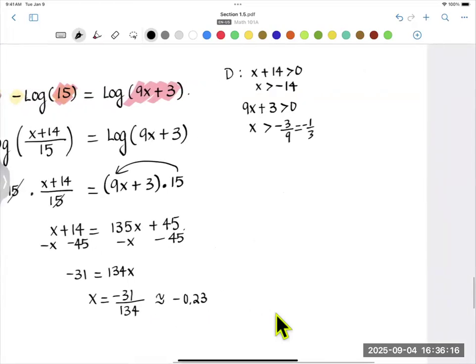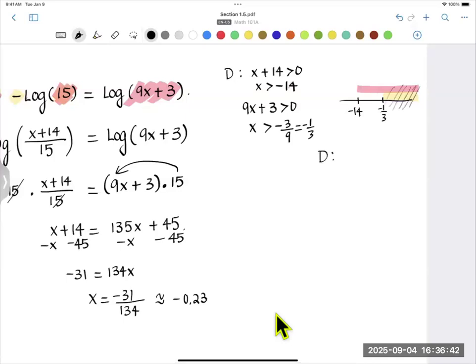Okay, so we have two values. Which one is bigger? Negative 14 goes first, and then negative 1/3 is bigger. The first domain condition says x must be greater than negative 14, and the second says x must be greater than negative 1/3. We take the more restrictive one, which is this one.